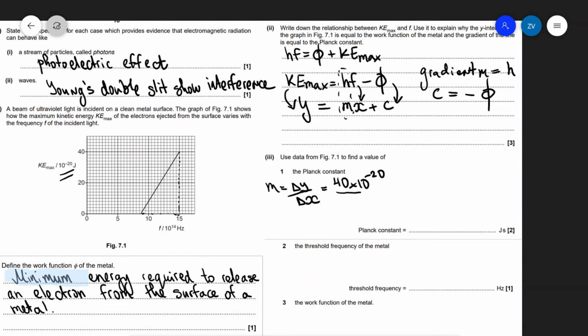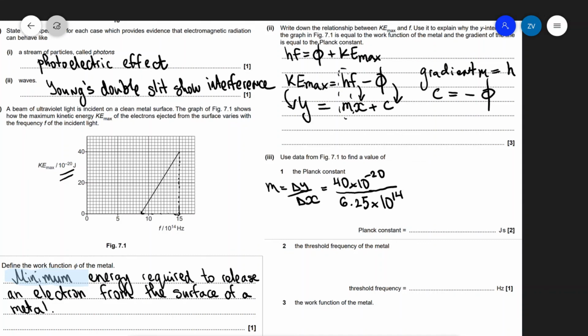And on our x-axis, we are going to use this distance from here, from 15 times 10 to the power of 14 hertz to right about there. And that distance is 6 points, a little bit more than 5. If we count those carefully, we're going to get about 6.30, or I'm just going to try and be a little bit more precise. I'm going to write 6.25 times 10 to the power of 14 hertz.